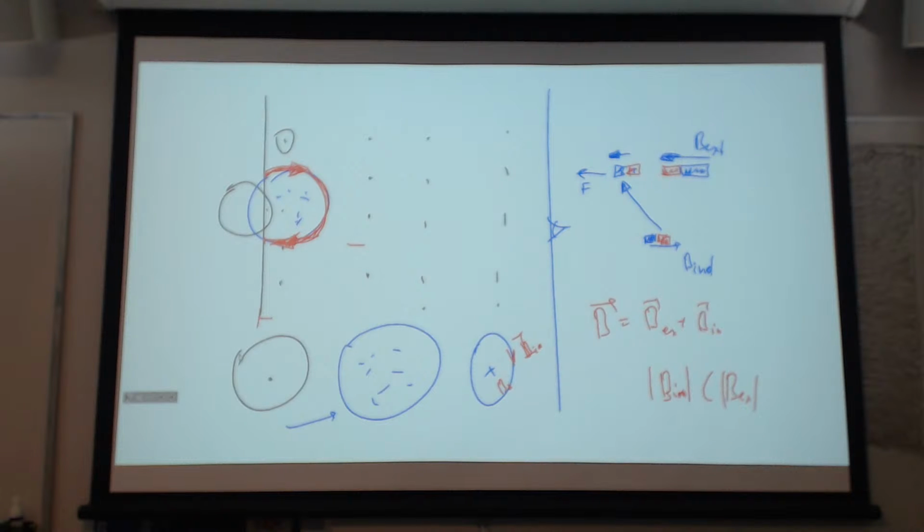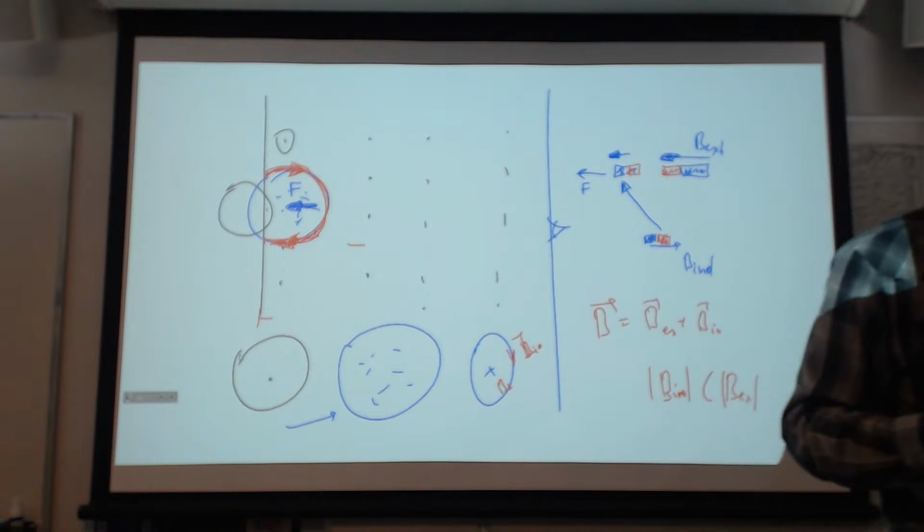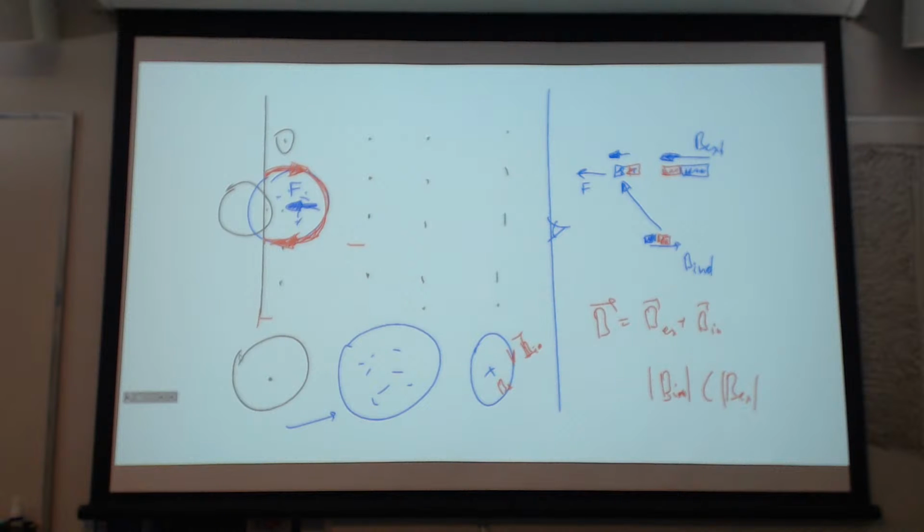But I just want to, again, say that no matter how we approach it, we should observe the force acting like a resistance, like the external magnetic field resists the entrance of this coil.